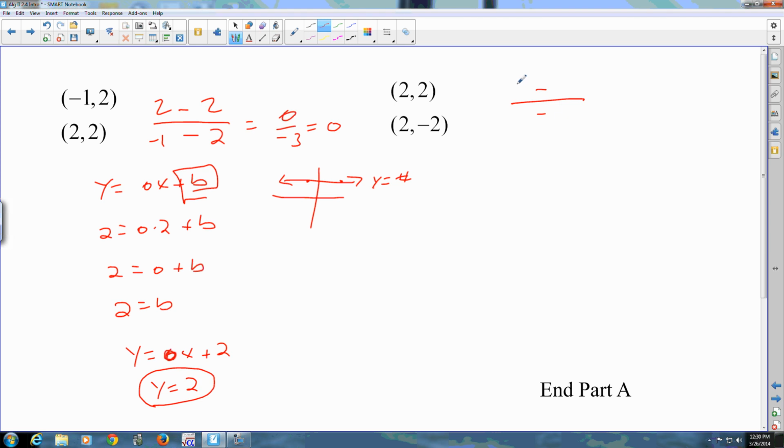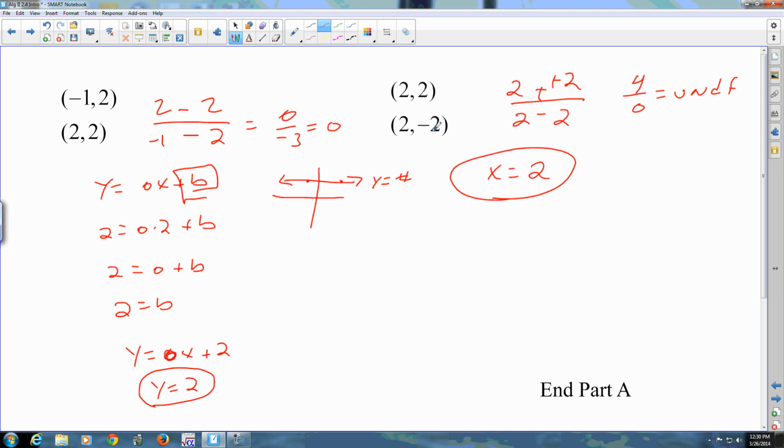Find the slope. First thing you got to do, so for 2, negative 2, 2, 2, 2 negatives in a row make a plus, so I have 4 over 0, and you guys need to recognize that's undefined, so it's a vertical line. All vertical lines look like x equals. The equation does. What's your x value? 2.